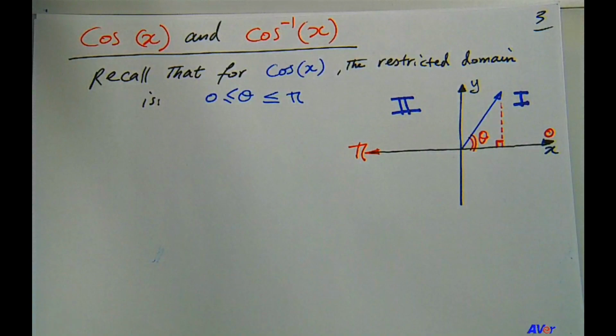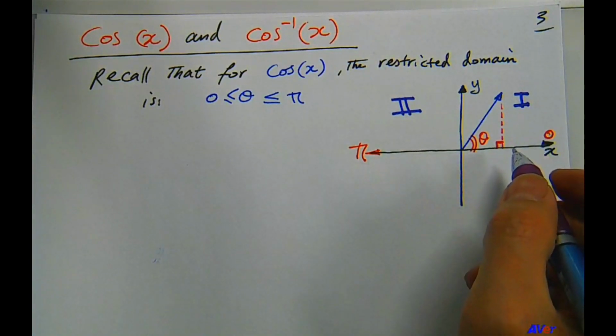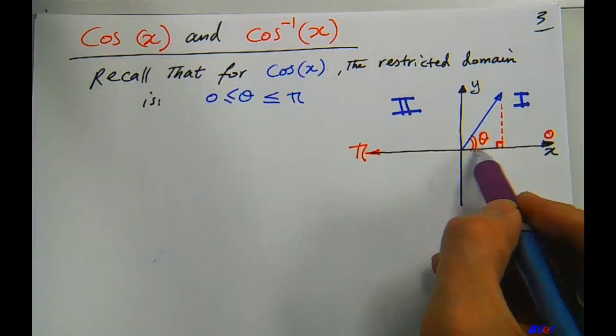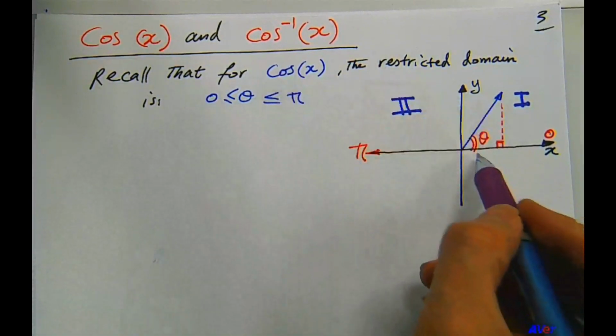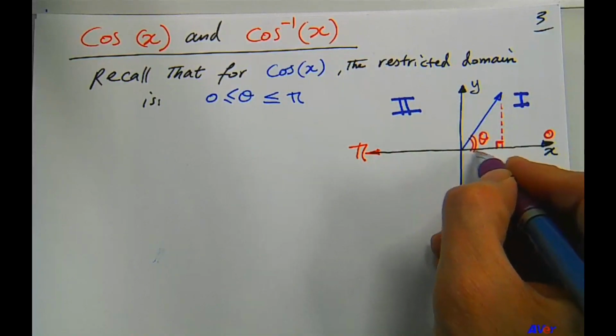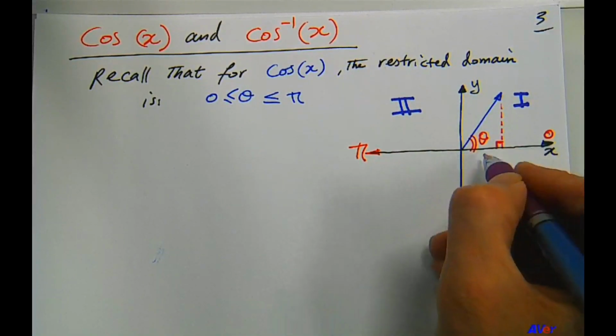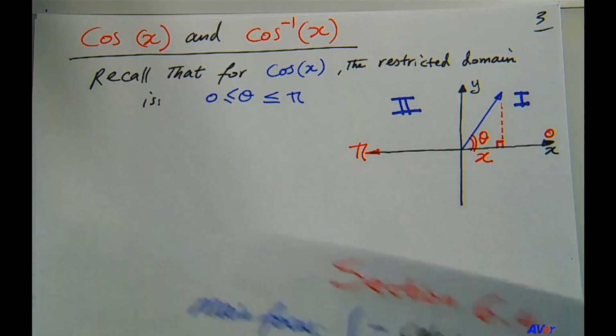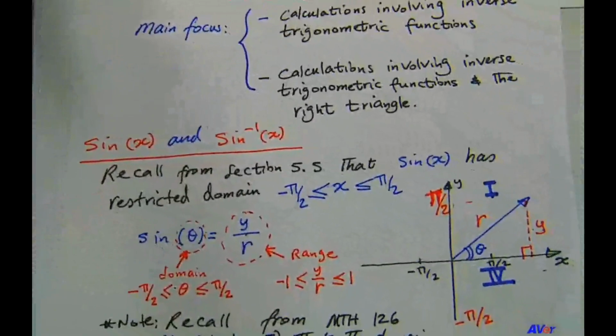The other thing that I'd like to label here is this side, because cosine of any angle would be the adjacent side divided by the hypotenuse, and the adjacent is along the x-axis, so I'm going to label it as x. The other one was along the y-axis, so for the sine function, we labeled it y, right?